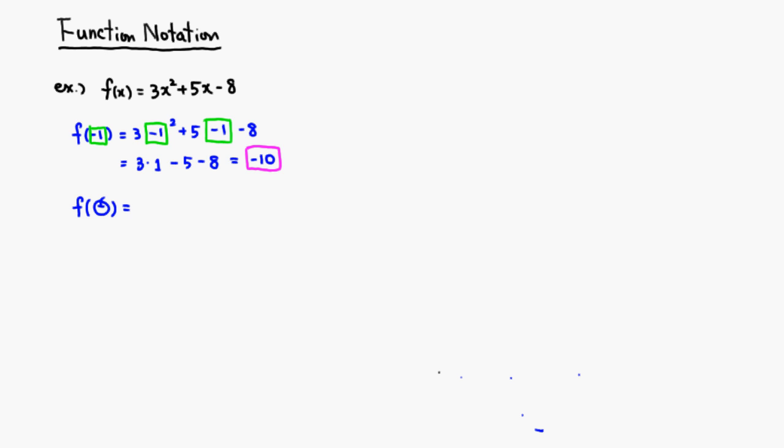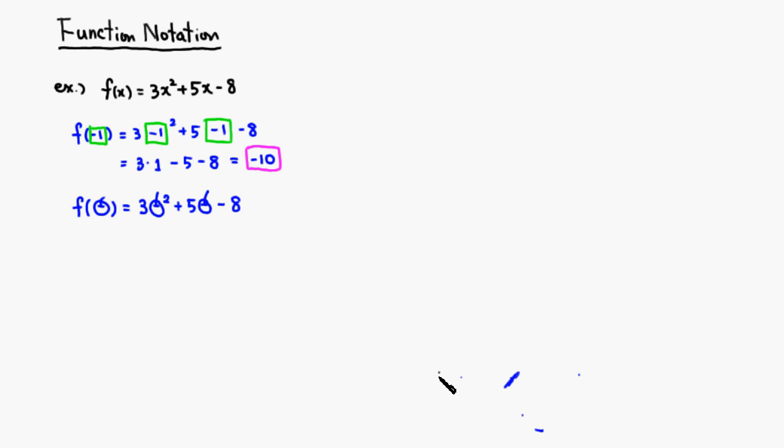So it's got to be 3 times an apple squared plus 5 times an apple minus 8. I'm not exactly sure what it means, but when somebody says f of an apple, this is what it is. So you know how this notation works.